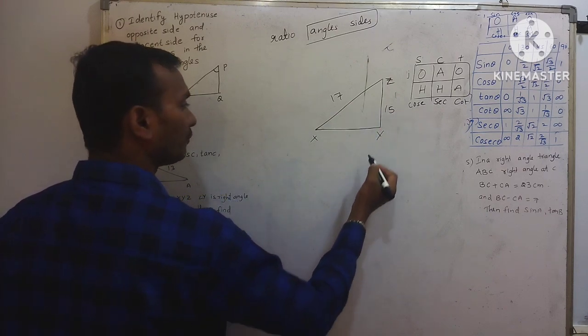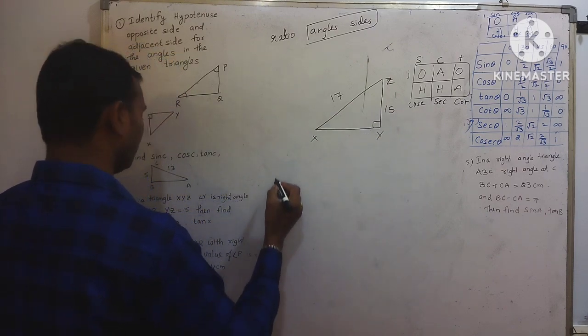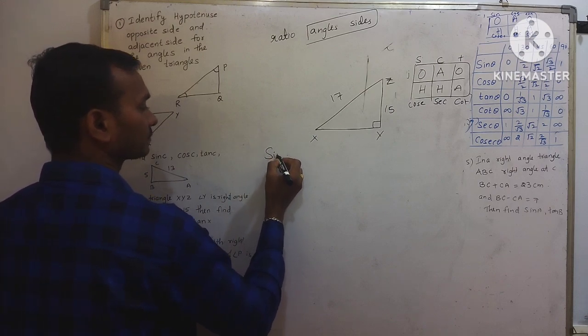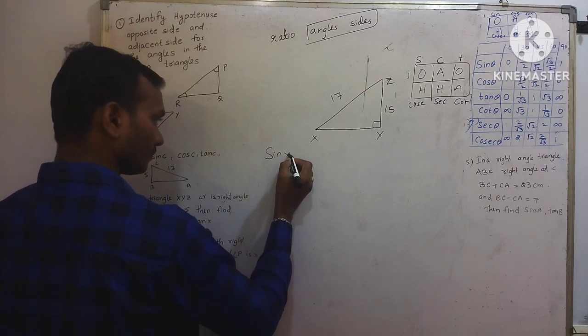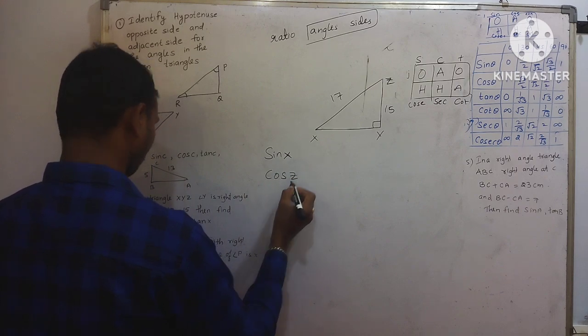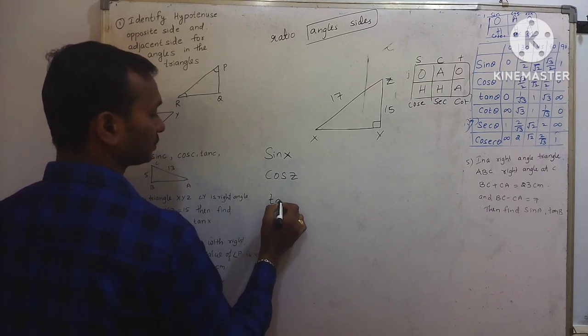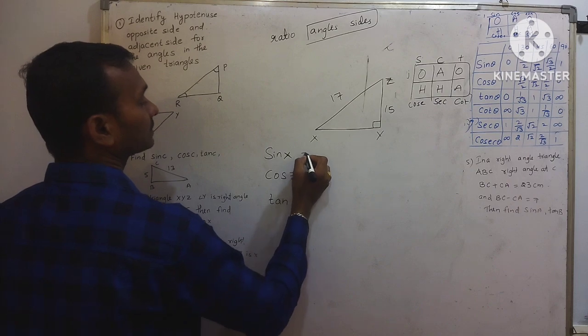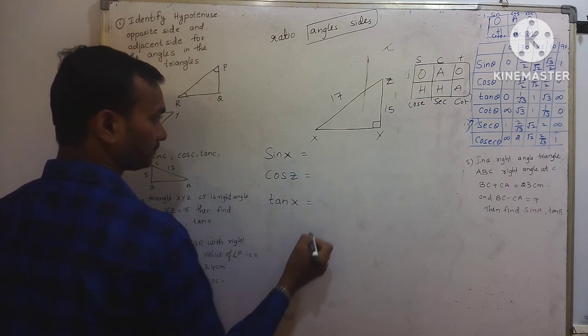Then find the value of sin X, cos Z and tan X. So he is asking three trigonometric ratios.